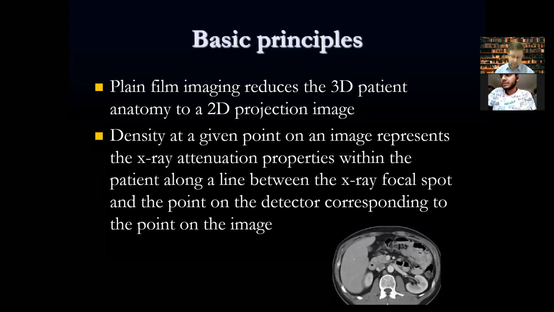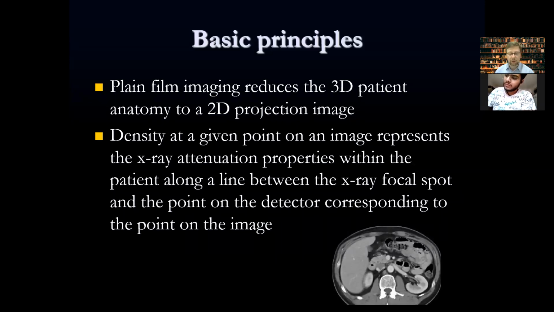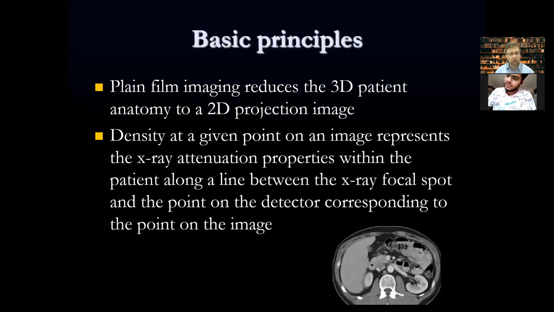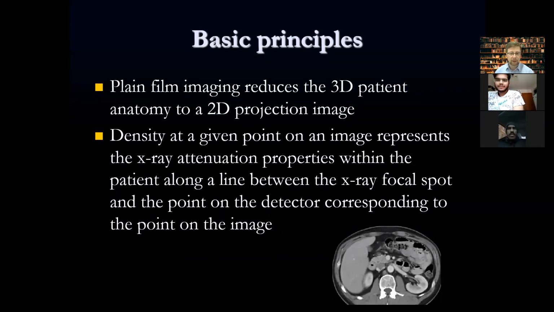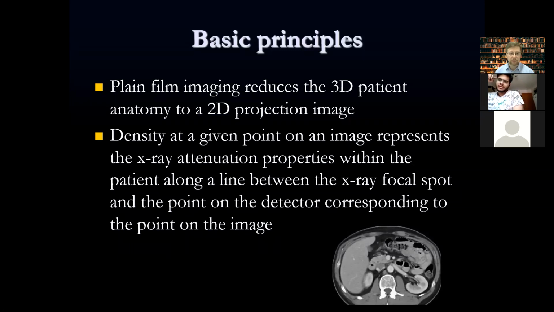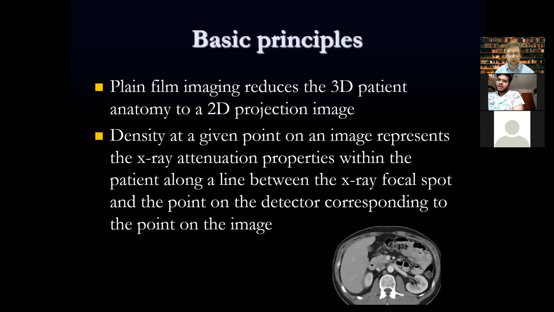It gives us more detail compared to the nuclear techniques, but still it's impossible to perform three-dimensional reconstructions of the organs. That's why computed tomography gives us much more anatomical information, much more possibilities in the diagnostics of different pathologies, especially tumors.